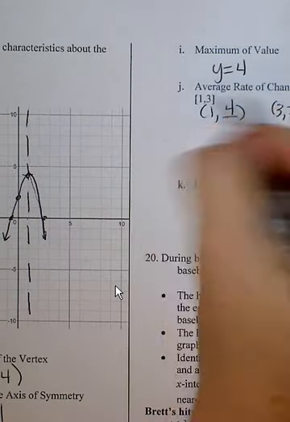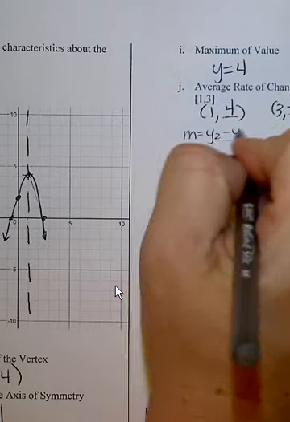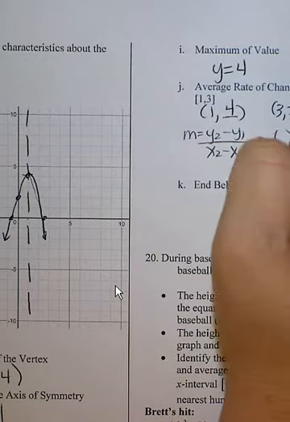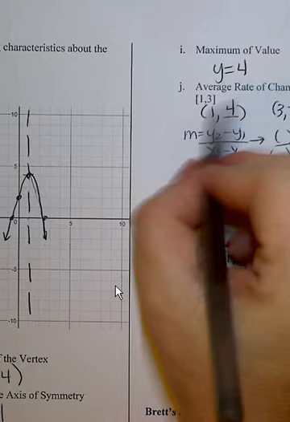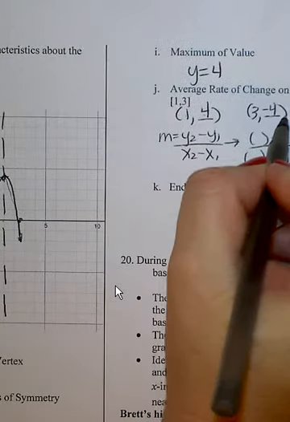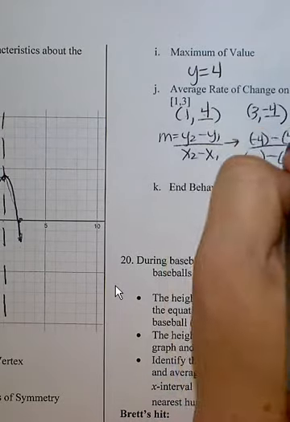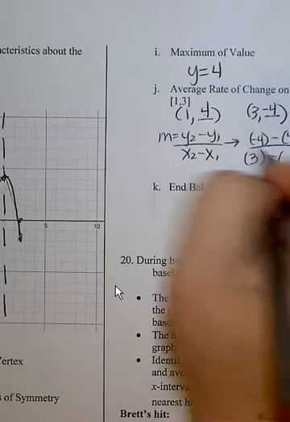So average rate of change uses the formula y sub 2 minus y sub 1 over x sub 2 minus x sub 1. Many of us think of this as the slope. So this is your (x1, y1) and (x2, y2). Y2 subtract y1 over x2 minus x1.